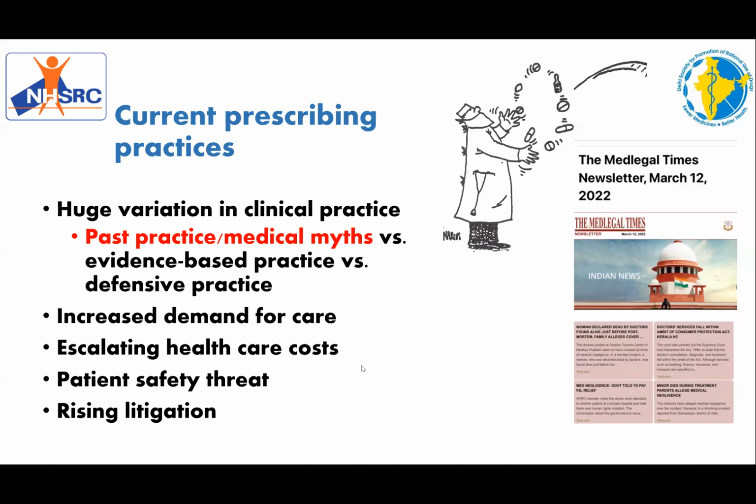Although we don't have data, knowing how our system functions, we know the threats to the patient and the harm happening to the patient. And certainly we would not like this to happen to ourselves when we seek medical care. And of course, rising litigation is one of the main concerns these days, particularly in the private sector.